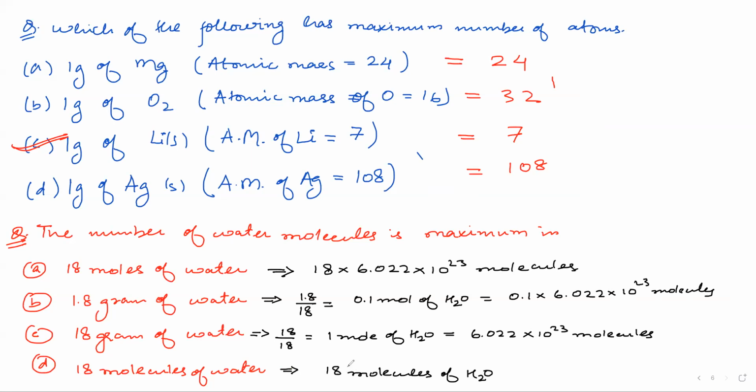Now, can you all tell me which is the largest? A, B, C, D? A. Yes. Did everyone get that A is the largest? Any doubt? A is the largest, okay?